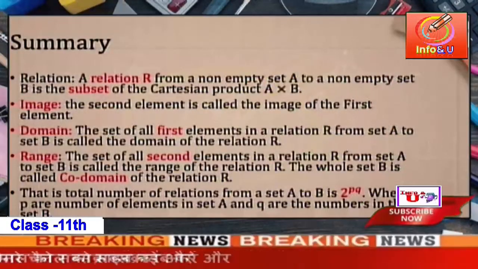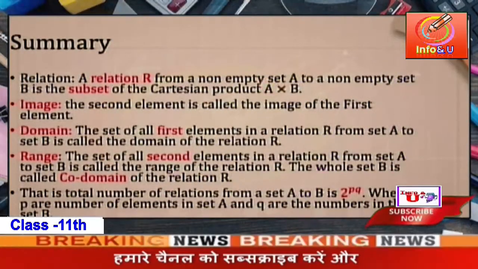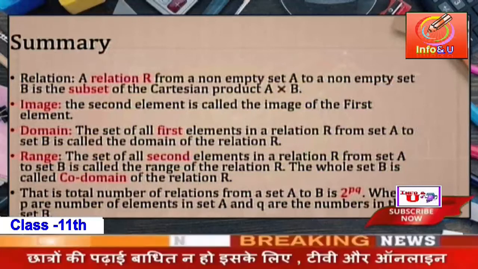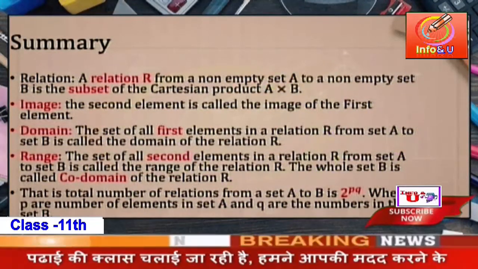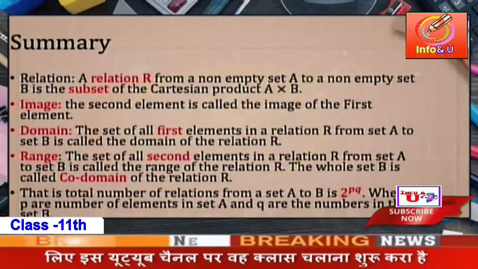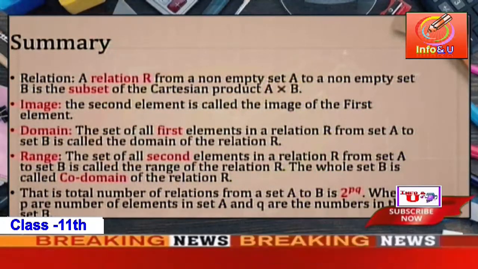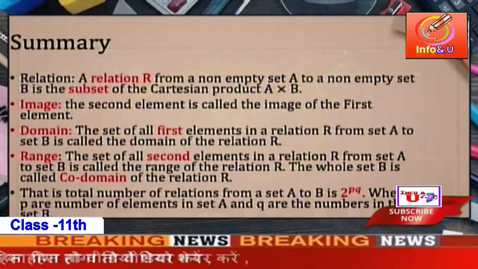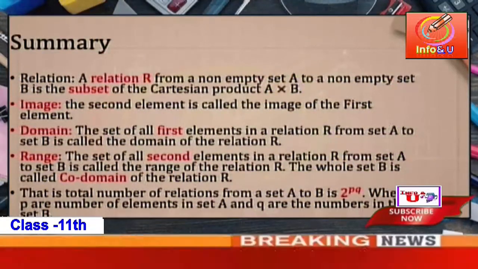So let us see what we have learned today. Today we have learned what a relation is. That is, a relation R from a non-empty set A to a non-empty set B is a subset of the Cartesian product A with B. Next, what is an image?